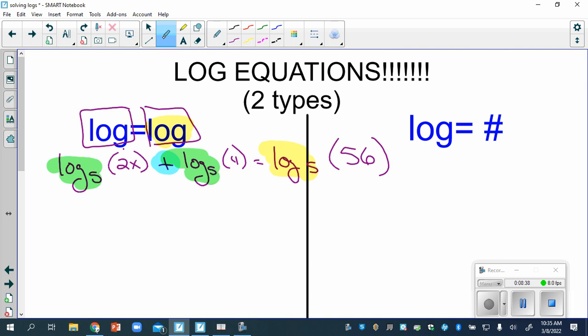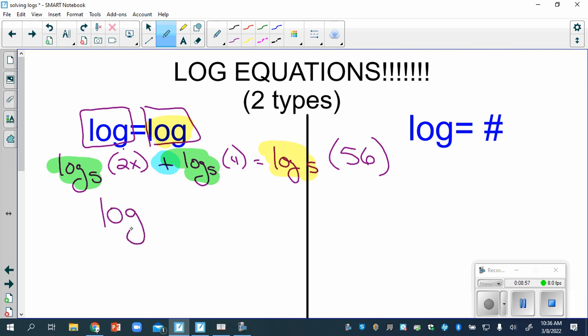Does it stay plussing? Does it turn to multiplying? Does it turn to dividing? Does it turn to just giving up? What happens when I have plussing when it's spread out and now I'm going to squish it together? Anyone remember? You're going to multiply. So good.